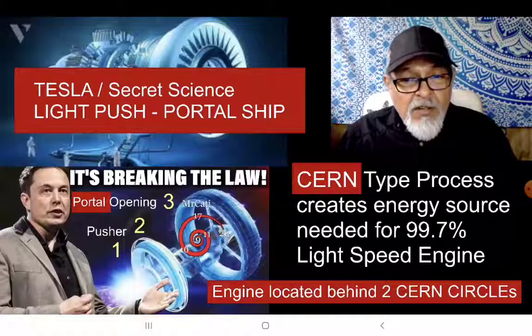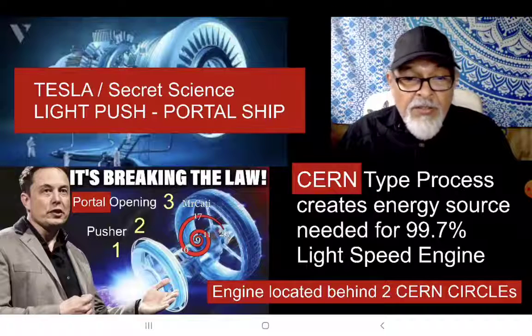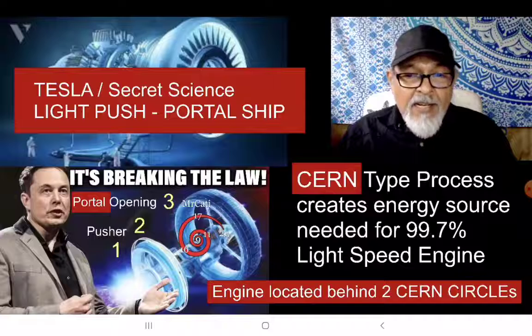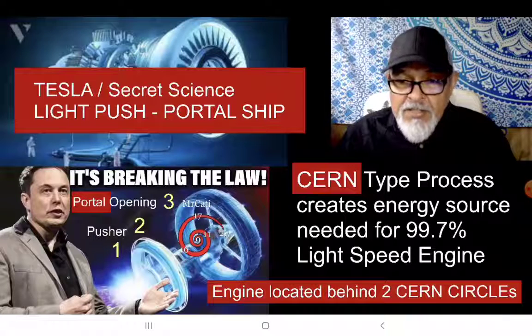Because they're not going to 100%, they themselves disclosed, in order to answer why it doesn't break the laws of physics, they themselves stated this engine would operate at a 99.7% efficiency.